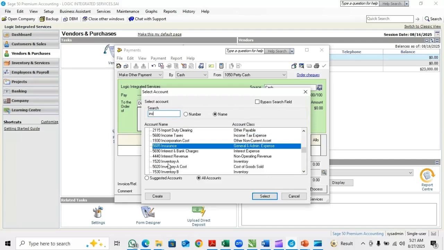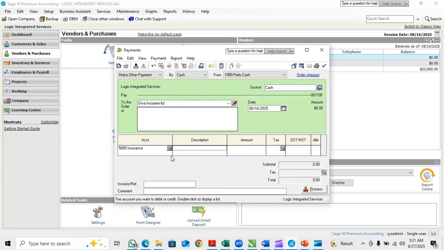Insurance, okay, so we have the account number for insurance, so we call it prepaid insurance. So the amount here is 12,000 naira, and we are good to go.